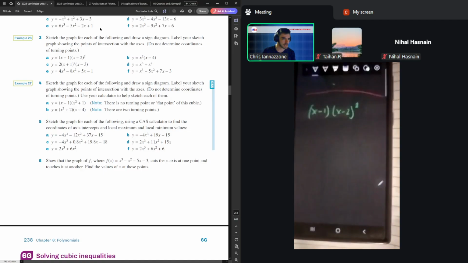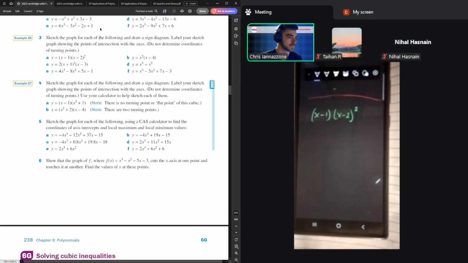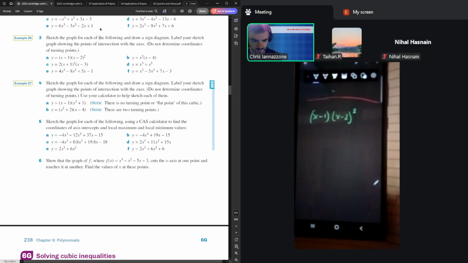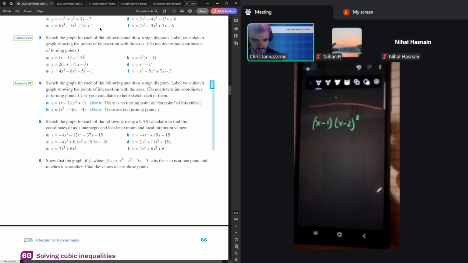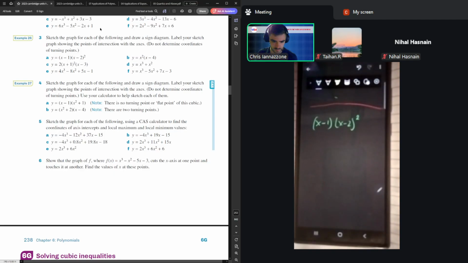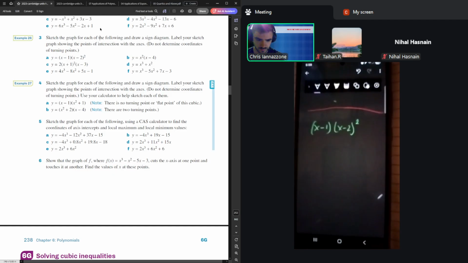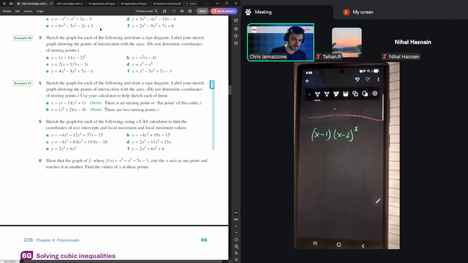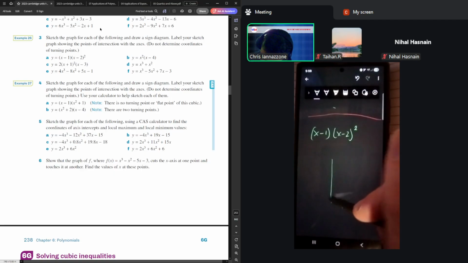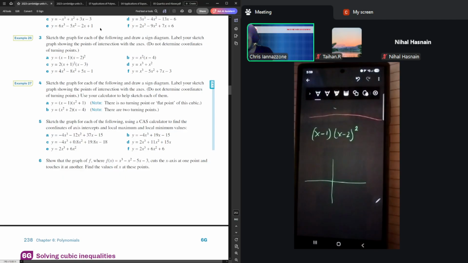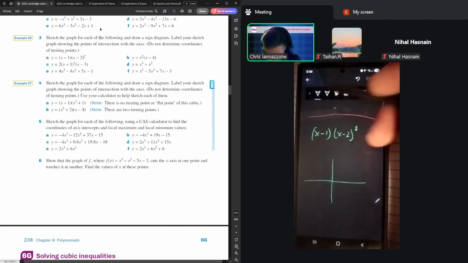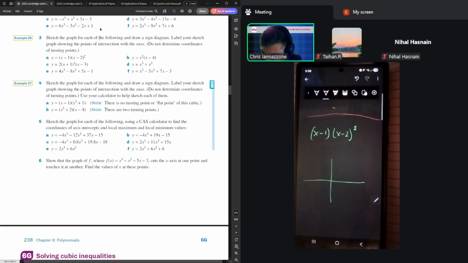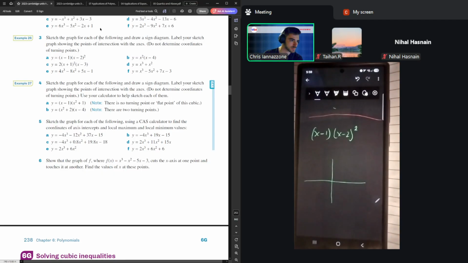Our goal is to sketch this. How are we going to go about doing that? One of the first things we can do is start getting our intercepts down, because those are just null factor law, x equals 0, y equals 0 type stuff.